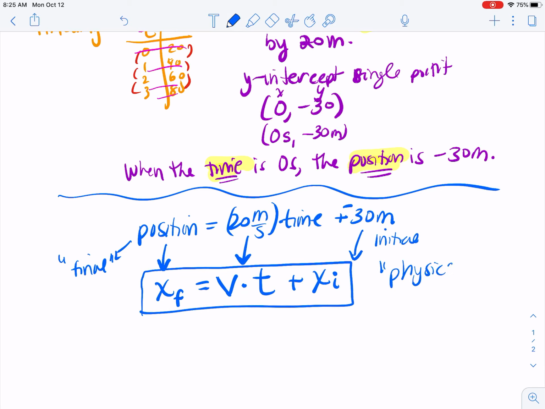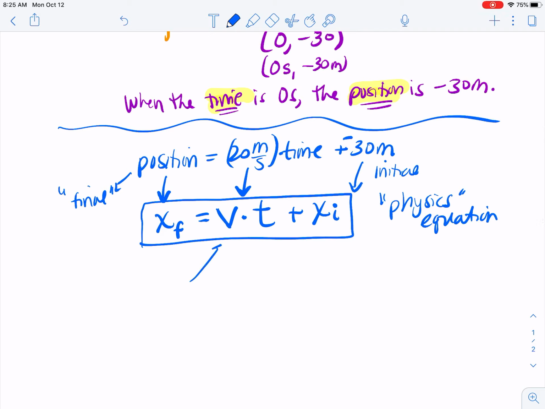If you look it up in a book, this is the equation for something moving at a constant velocity, where v is the slope of a position versus time graph, and xi is the y-intercept of that graph. Then x and t you're going to plug in.